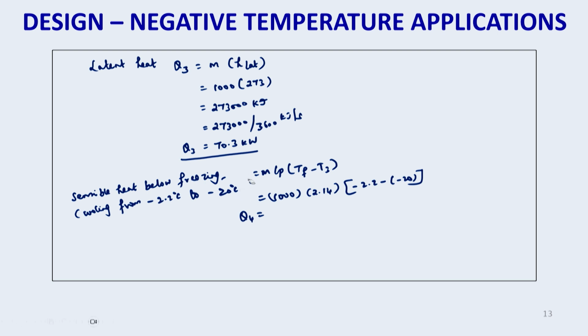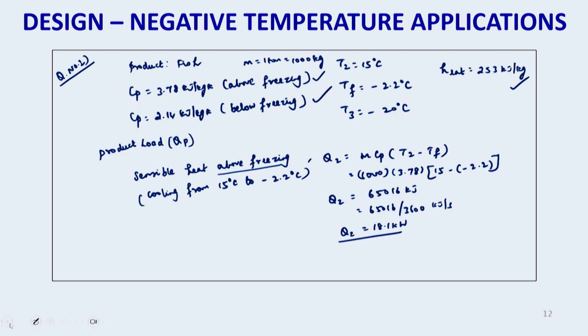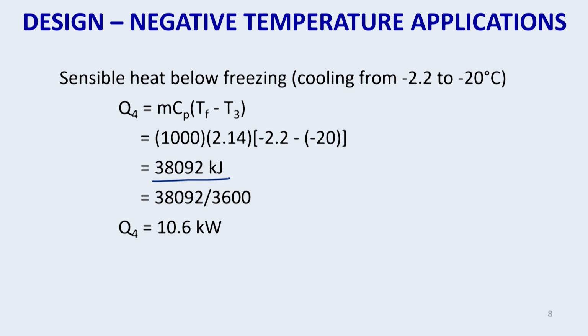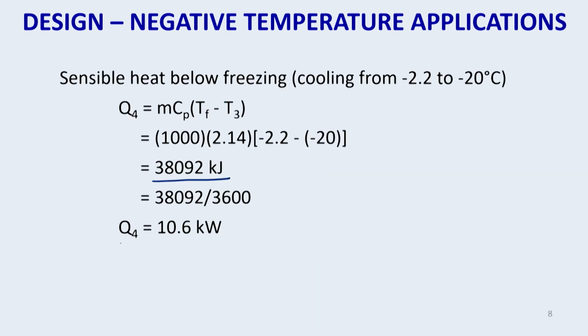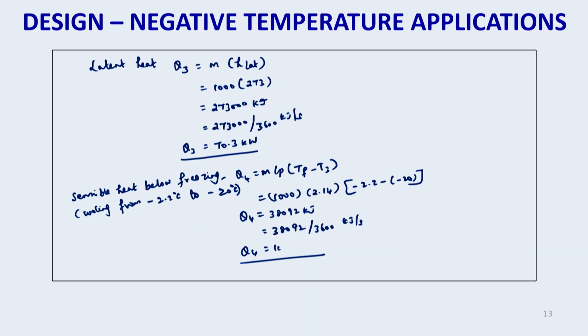Let me write it clearly. So Q4 is equal to 38092 kilojoules. So that is equal to 38092 divided by 3600, so we will get it in kilojoules per second, which is equal to 10.6 kilowatts.